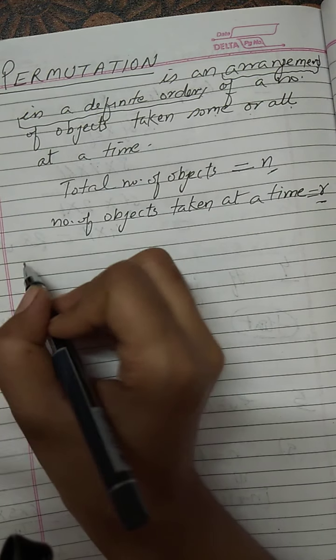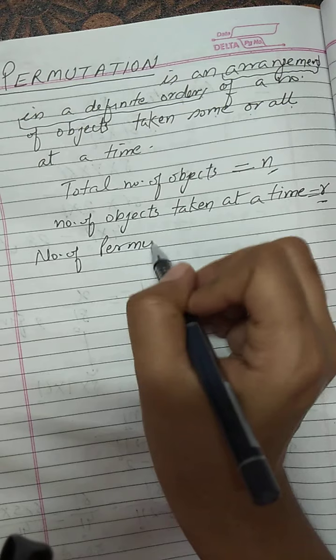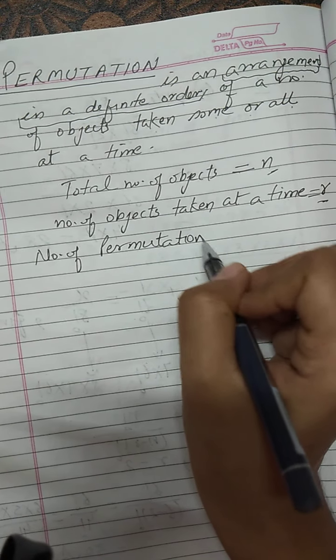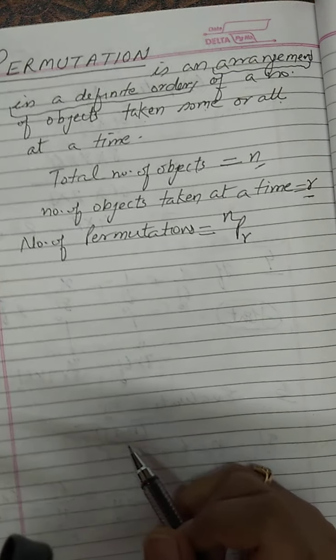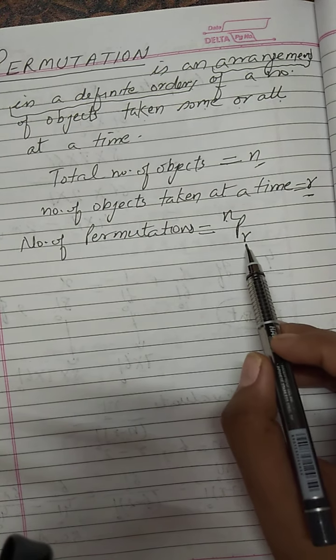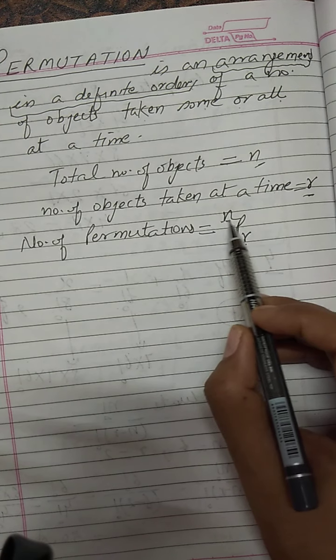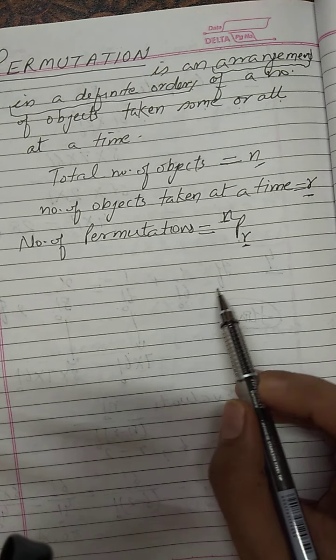The number of permutations is given by nPr, which we write as n suffix P r. So n is the total number of objects available, r is the number of objects that we are taking at a time.